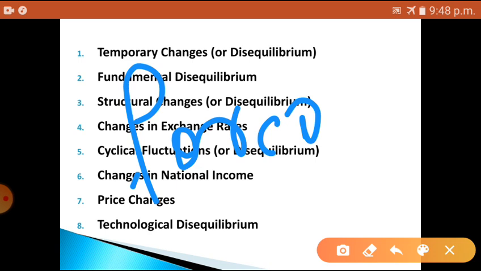Means if there is a continuous fall in our foreign exchange reserve, the supply elasticity of exports will reduce, and automatically the demand for foreign goods will be more. For that purpose we should import more goods from foreign countries.